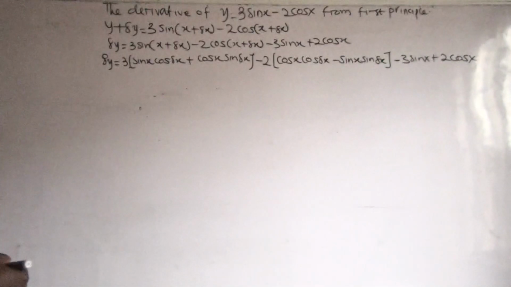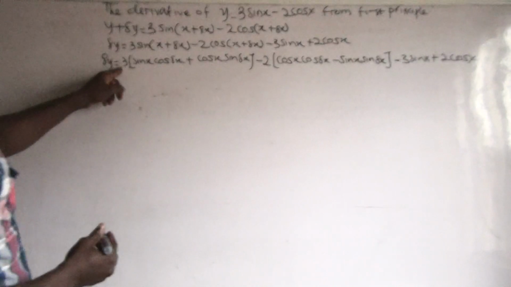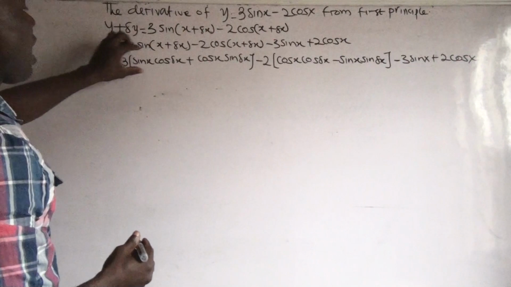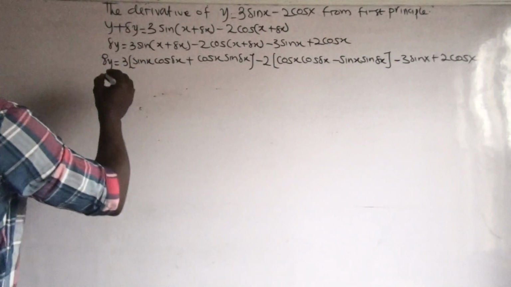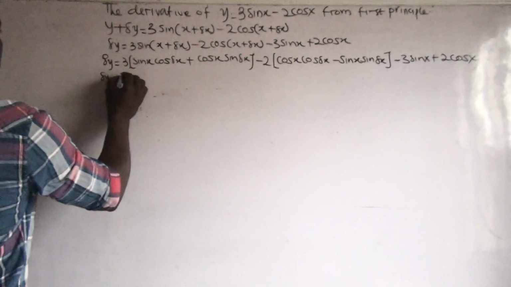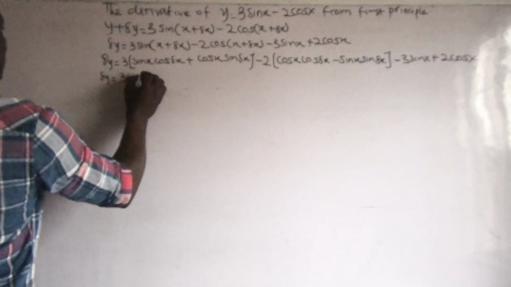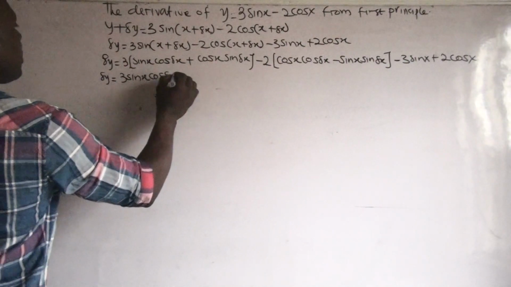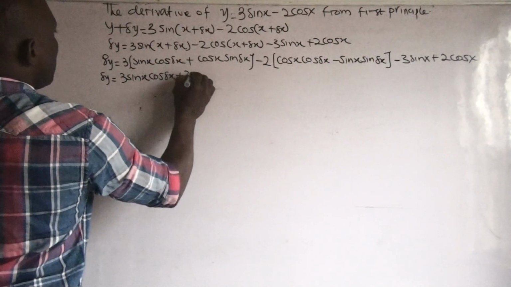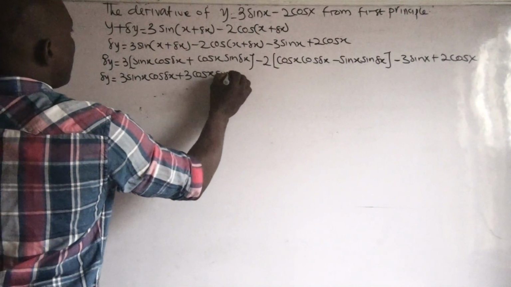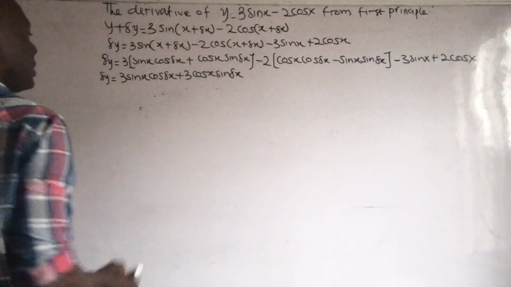Now what we need to do is open this bracket, because this 3 is affecting the whole of this bracket. Delta y becomes 3 sin x cos delta x plus 3 cos x sin delta x.